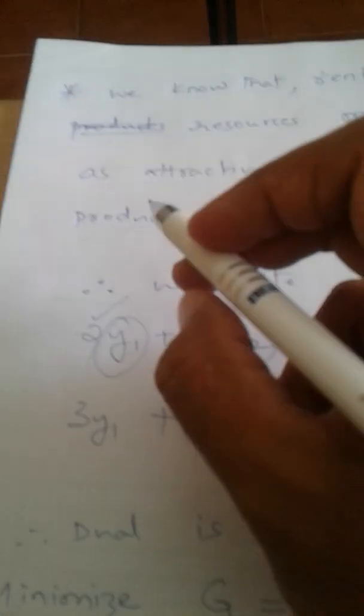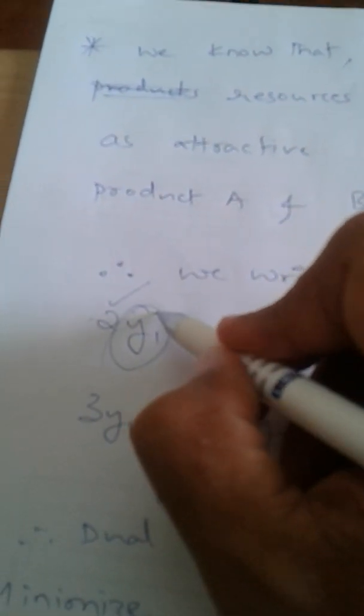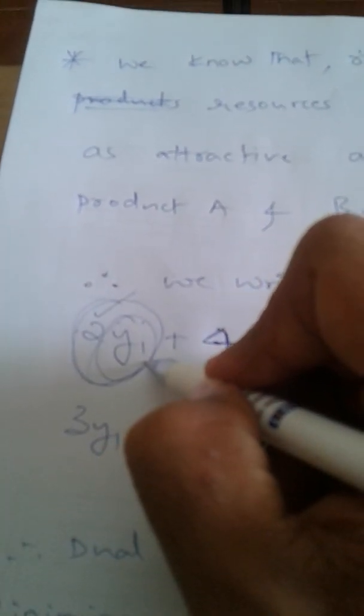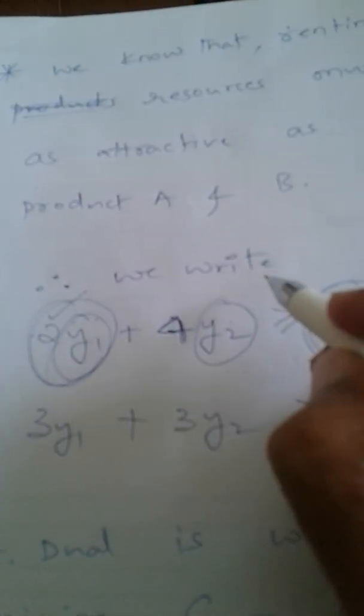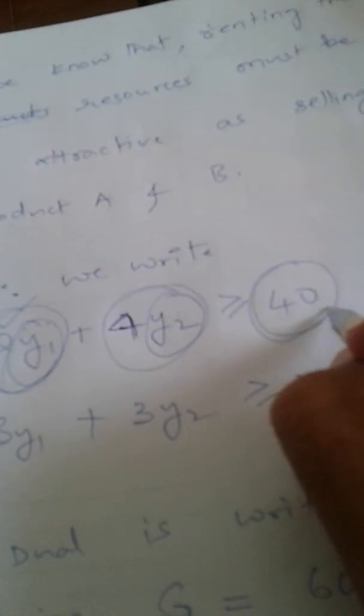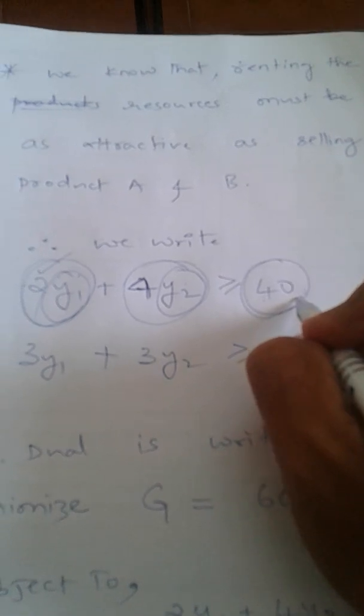By renting 1 kg of raw material and 1 hour of labor, their total rent rate should be more than 40 rupees.